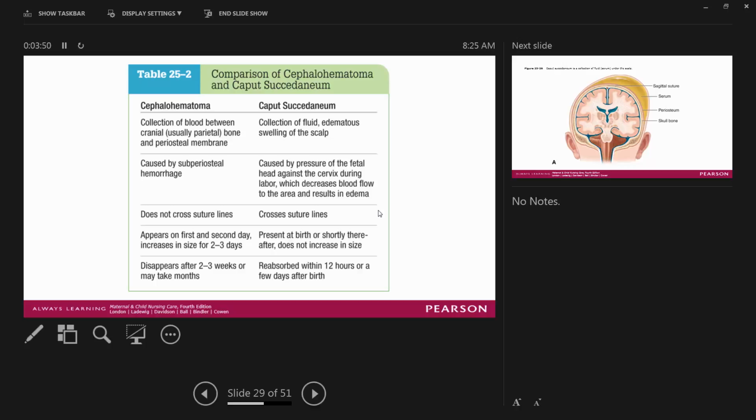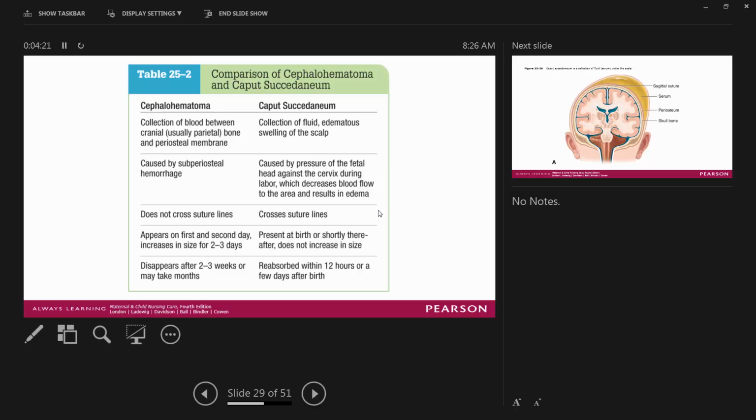The caput, you can see even the second the baby's born, because the head is in there and that edema is occurring. So when babies are born, you see this big old caput. The hematoma sometimes takes a little while to absorb and go away. Just like a bruise, it could last for 10 to 14 days, depending.